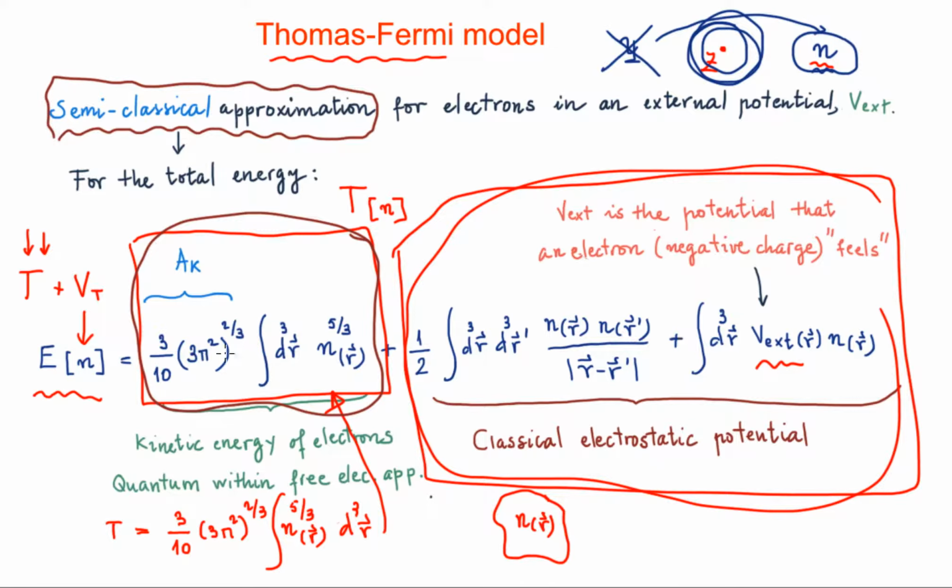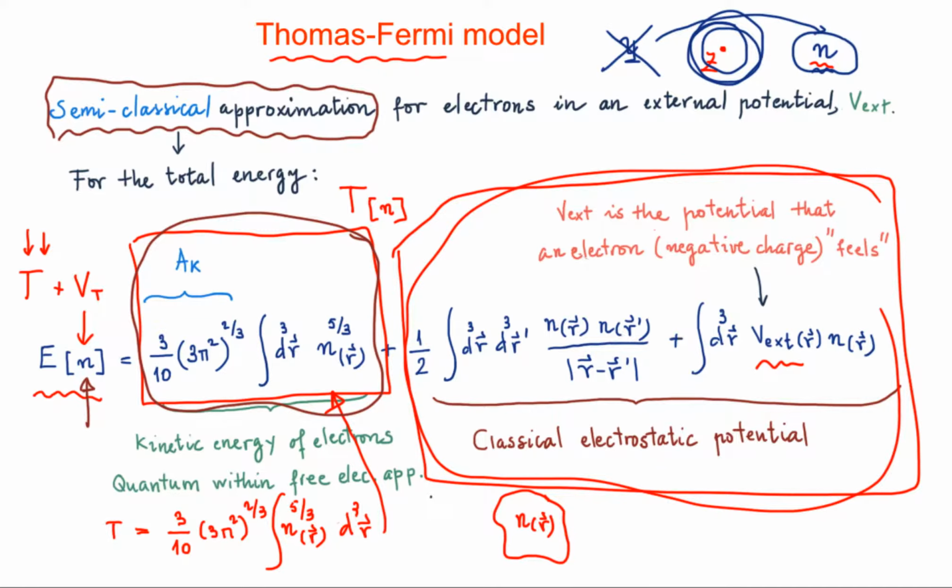So the starting point again is going to be that energy functional, and next, in order to have the equation that this electronic density is going to satisfy, considering that energy functional, we are going to minimize it with respect to the electronic density.